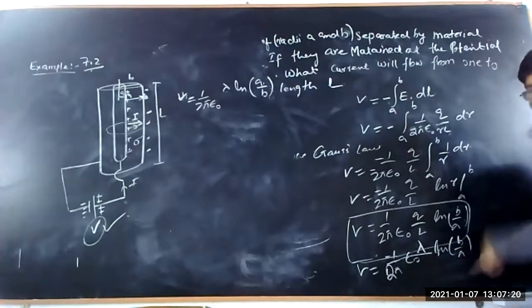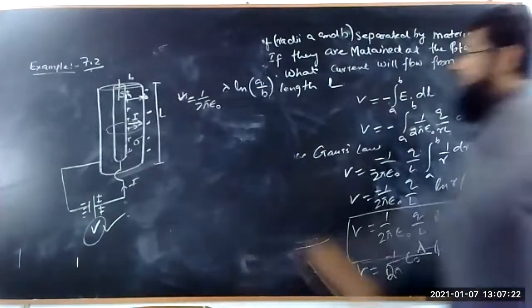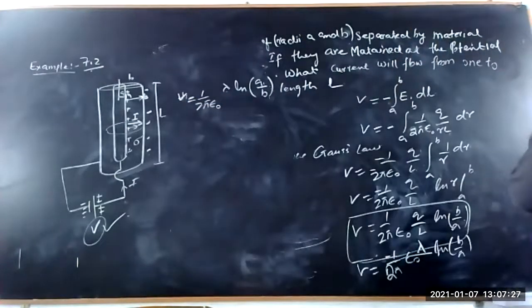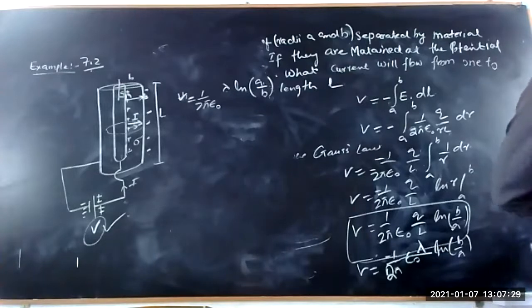The B upon A becomes A upon B. So this is the potential between the two cylinders, cylinder A and cylinder B.